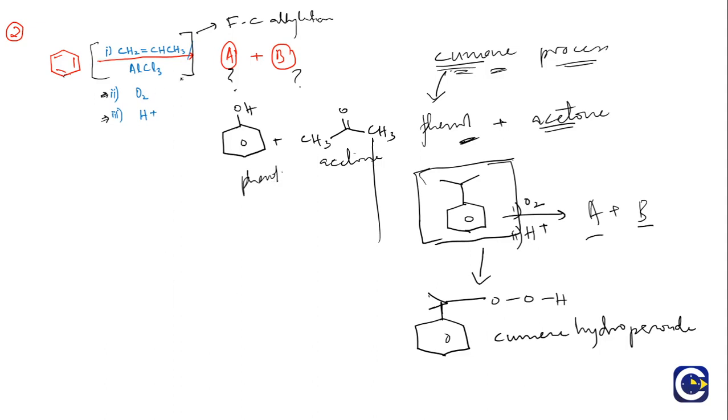We have to remember the reagents, the substrates and their products. In each and every case we do not need to remember the mechanism, because in competitive examinations we don't have the time to deduce the mechanism and find the products.